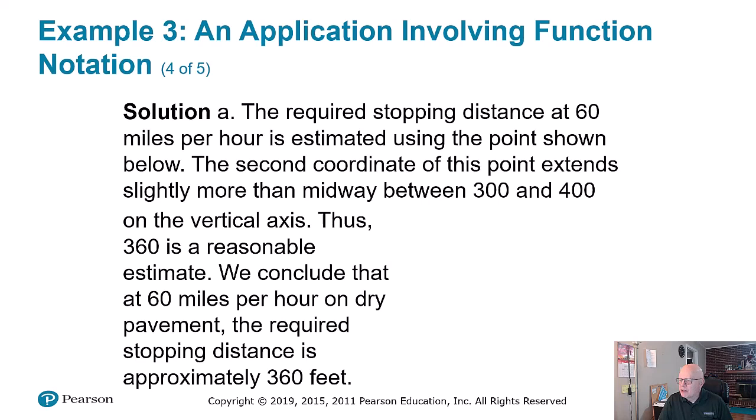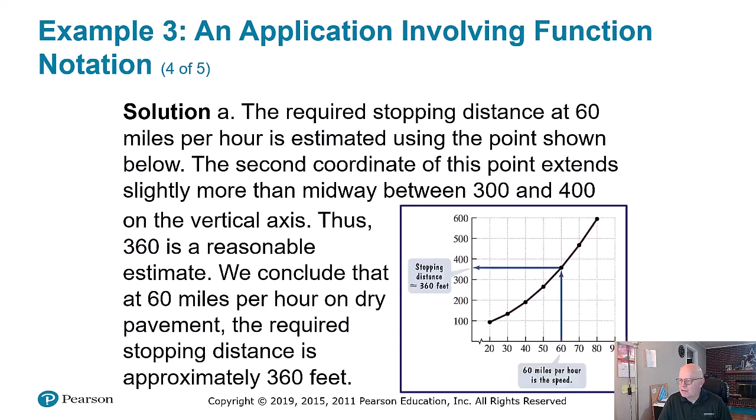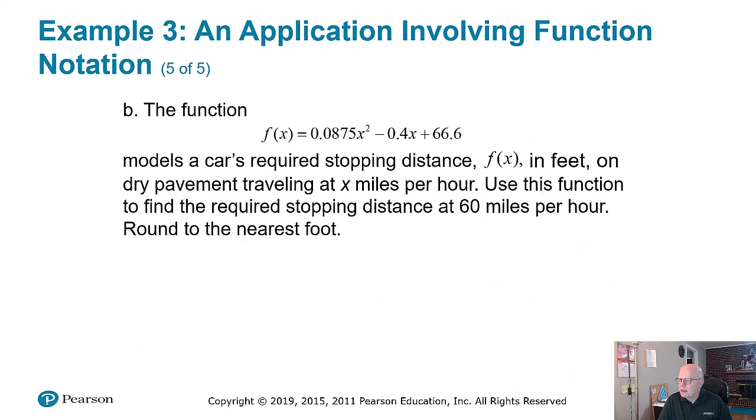So you can read through this. So 360 is a good estimate for the stopping distance on dry pavement if you're traveling at 60 miles per hour. There's your graph again if you want to refer to that. Here's the function. This function enables you to pick any speed at all, and you can find the stopping distance as a result.